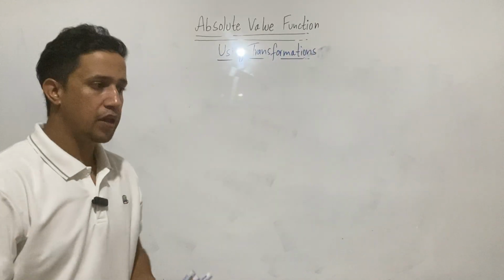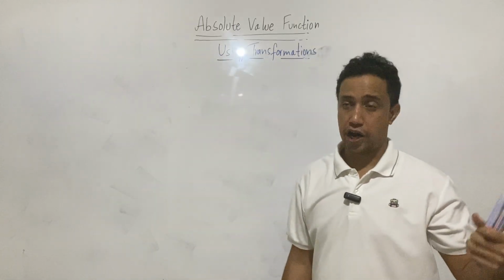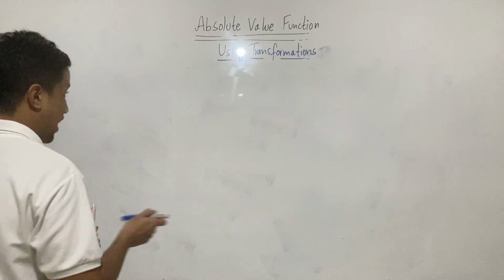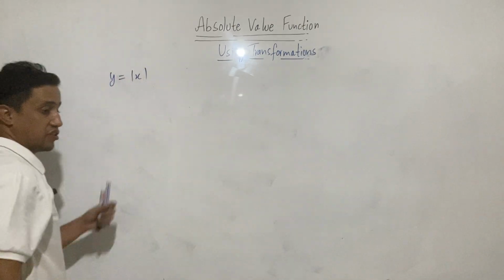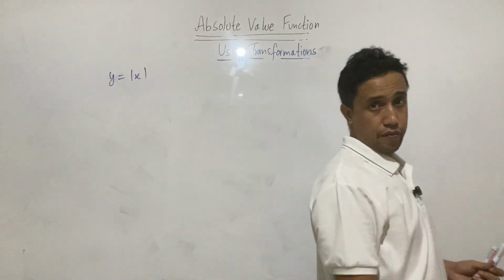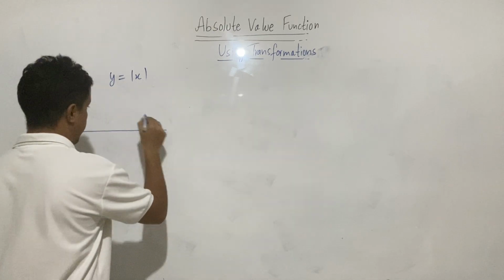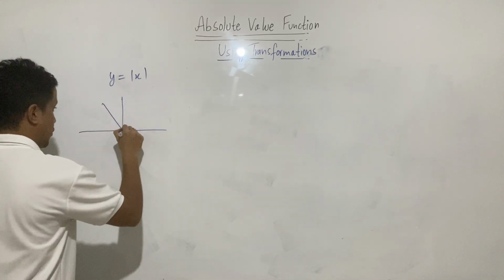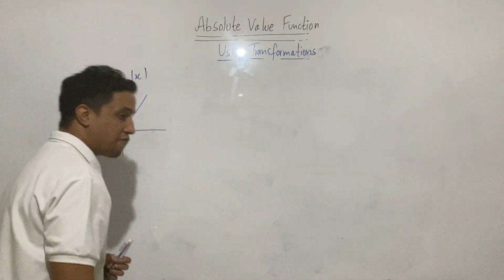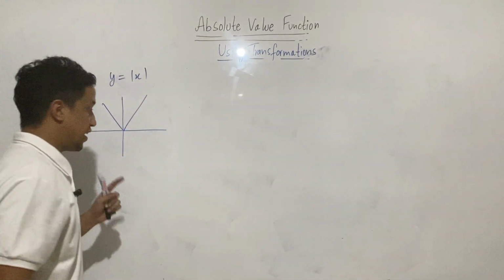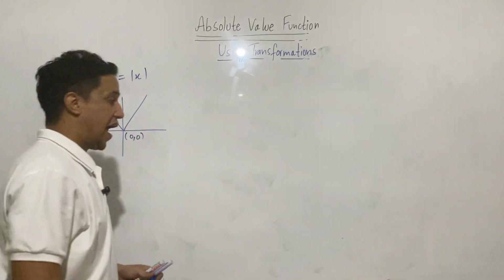Just a quick recap of what we did last time. We discussed the parent function and how to draw its graph. The graph of the parent function has a vertex at the origin.